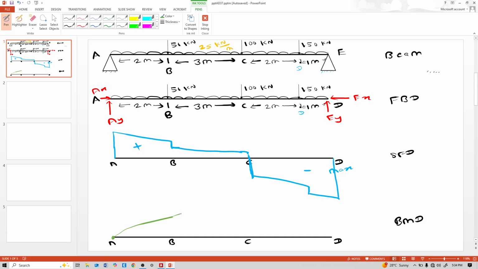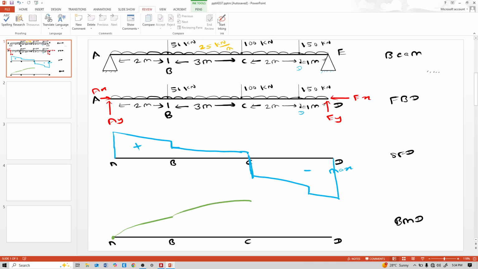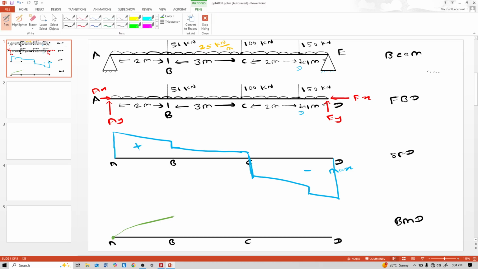That means here the moment is maximum. And at point D, it is again like this and like this. This is positive, and here at point C it is maximum.